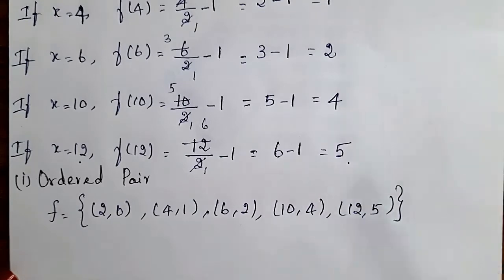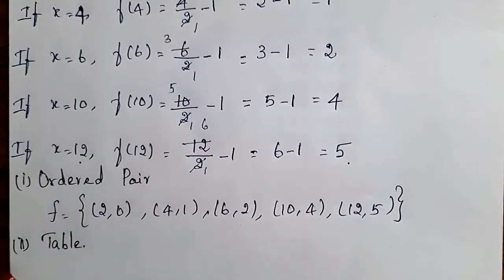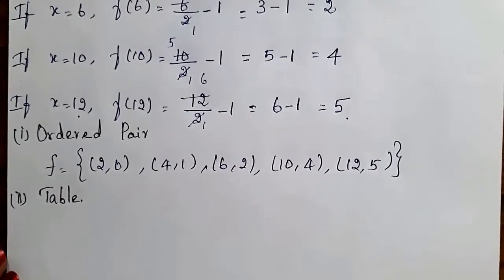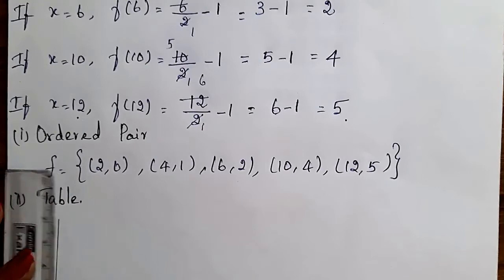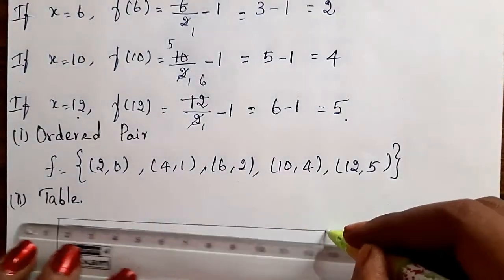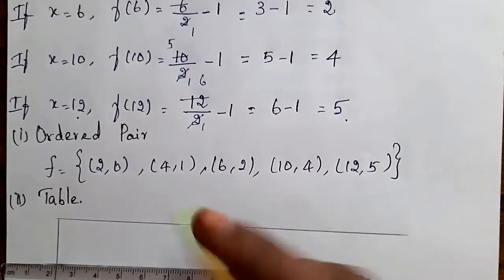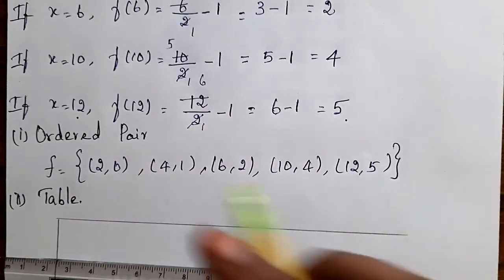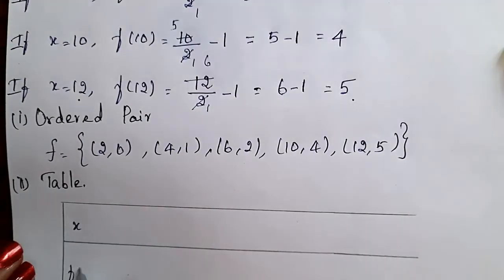Next one is the table. So the second part, we can write the table. We can draw it like this. Take your pencil and scale, then draw the table. First one is x value, next one is f of x value.